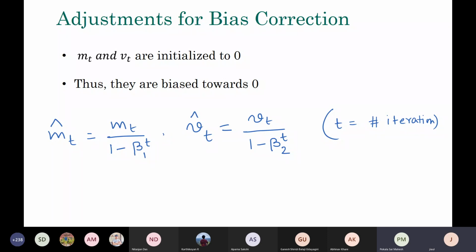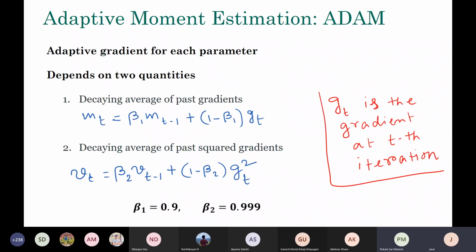As a result, the initial bias is not there, so you want to get the original values. Understood that part, but we're already updating MT with the formula MT minus 1 into beta, that thing, right? No, but here you have the original thing. So once you have this, you compute MT and VT from these expressions. Then you again scale it.